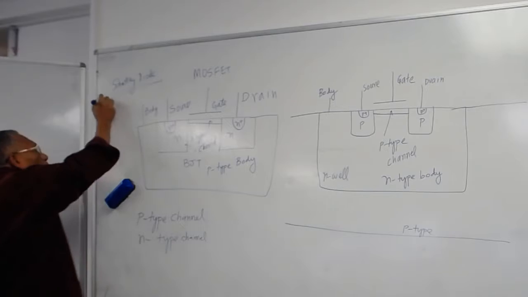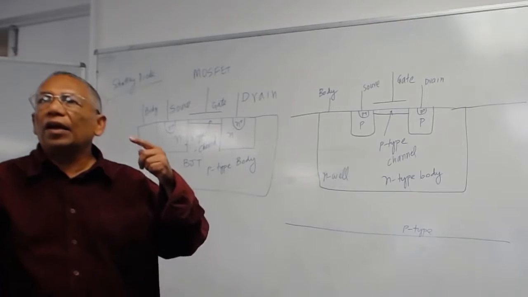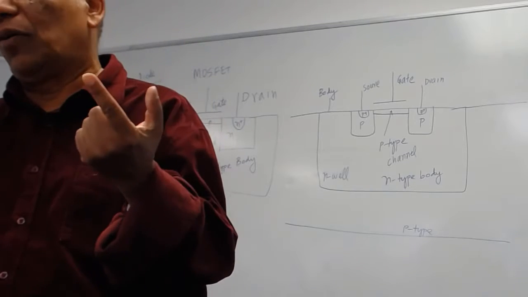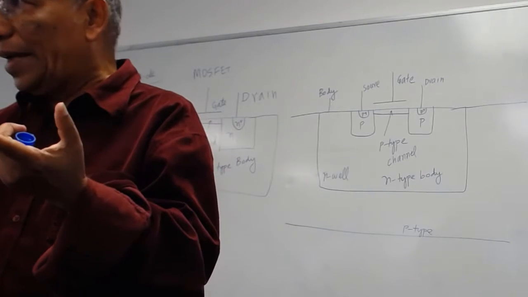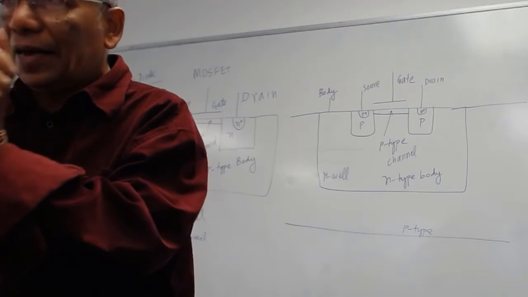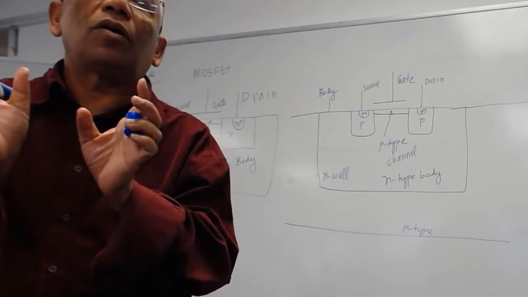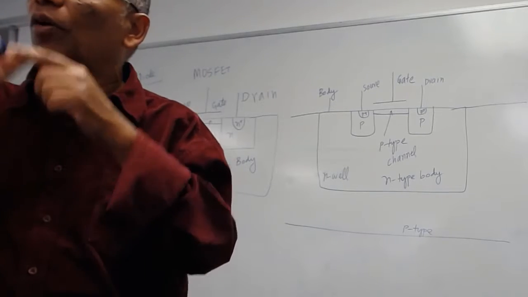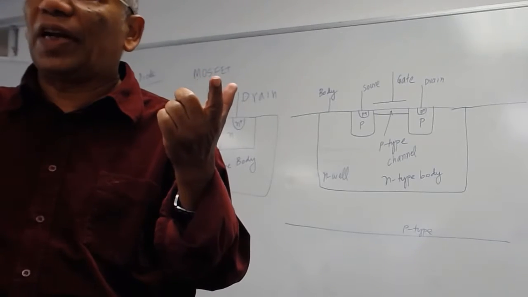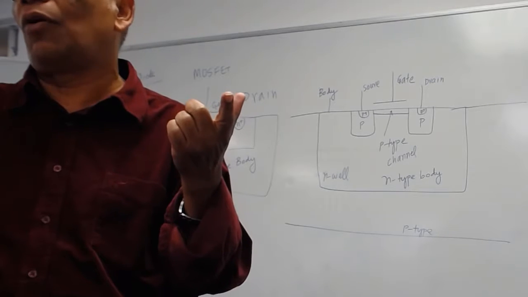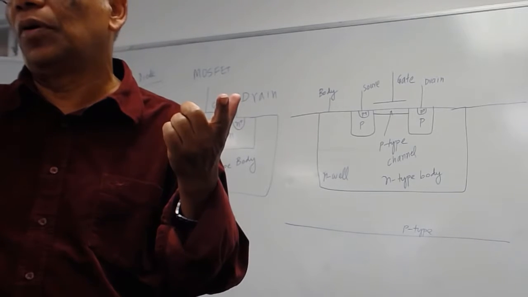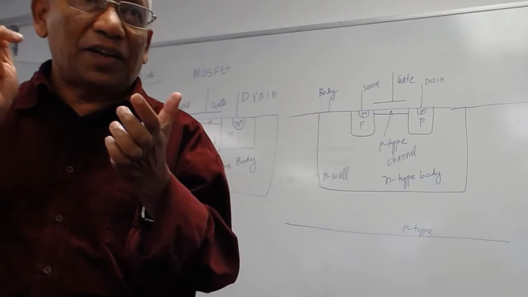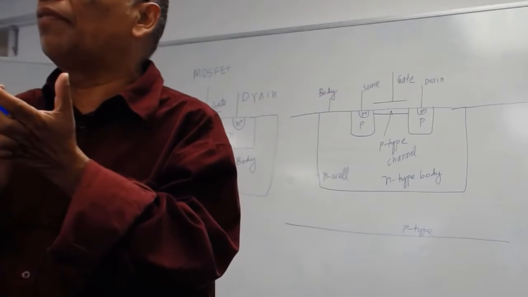A Schottky diode is a diode due to the connection of a metal with a semiconductor. If you connect metal with semiconductor, it still can make a diode. We know that you can make a diode using a P diffusion, P-type and N-type. You can also make a diode with a metal. If you take aluminum, touch N-type material, it will make a diode. And for that diode, the turn-on voltage is around 0.35 volts instead of 0.7. So it's very dangerous to just take a metal and touch a semiconductor and think you have a perfect contact.